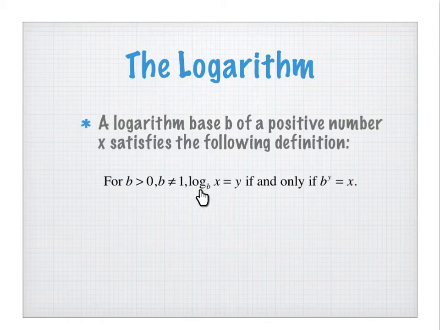It's a way to rewrite an exponential going the opposite direction. So log base b of x equals y basically is saying, what exponent can I put on this b to give me this x?